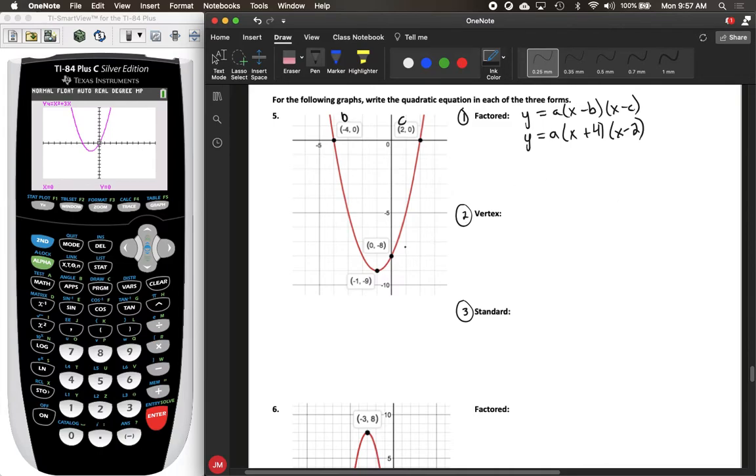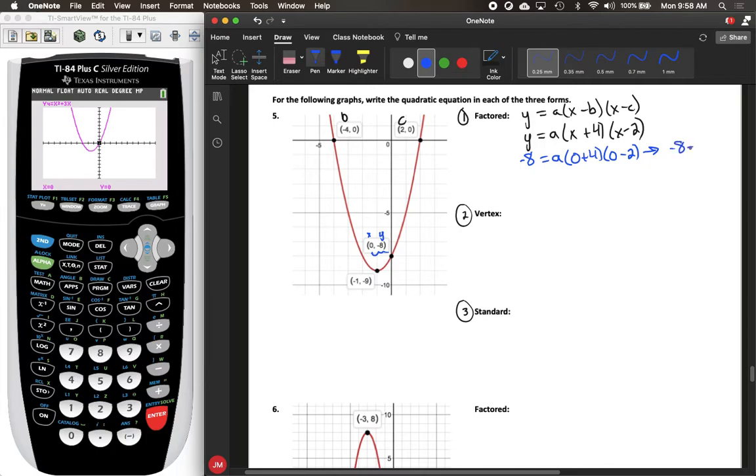Now we need to pick another point on our graph. I'm going to go ahead and pick this point of (0, -8). We're going to put 0 in for x and -8 in for y. So what that looks like is -8 is equal to a(0 plus 4)(0 minus 2). Now we've got something which we can solve to get a by itself.